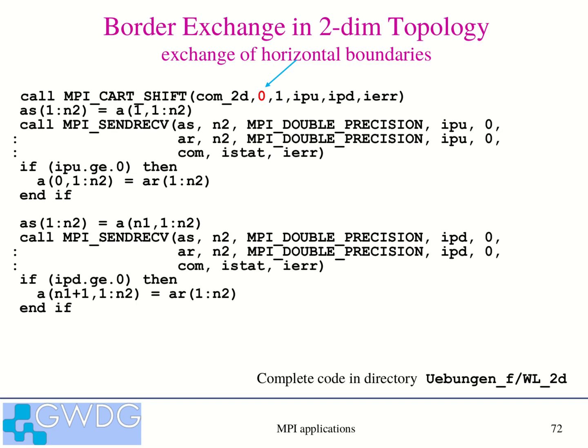These neighboring process numbers already include the case that if the process has no upper neighbor, then this value will be set to MPI null, as we used in the one-dimensional decomposition.